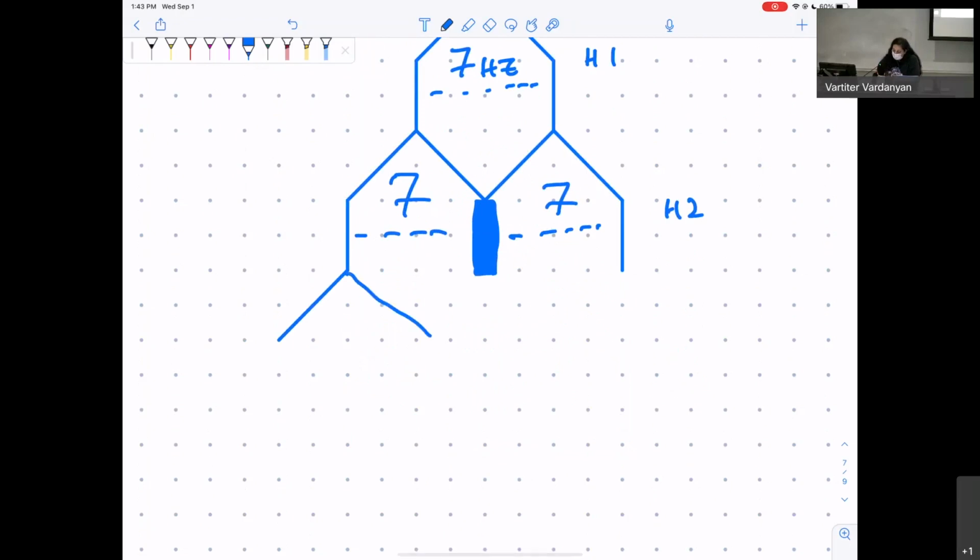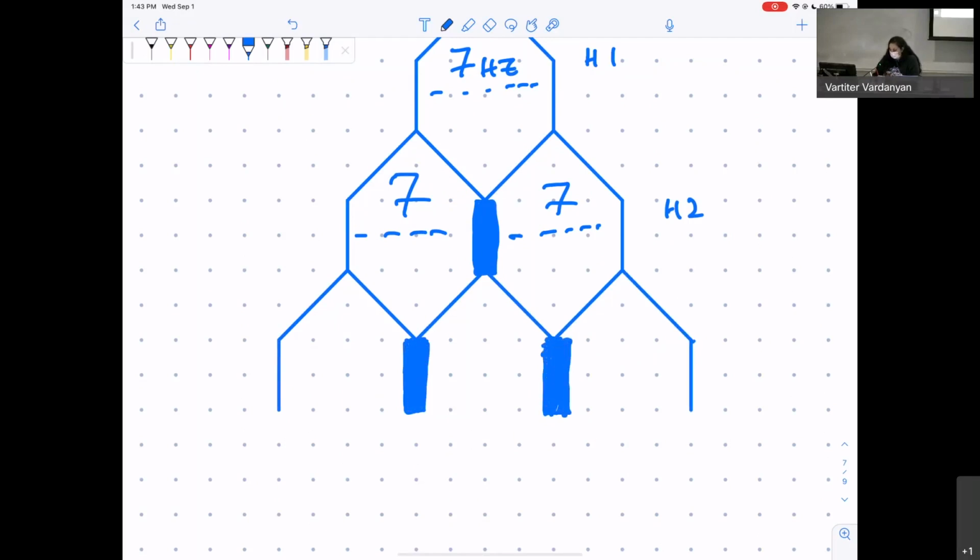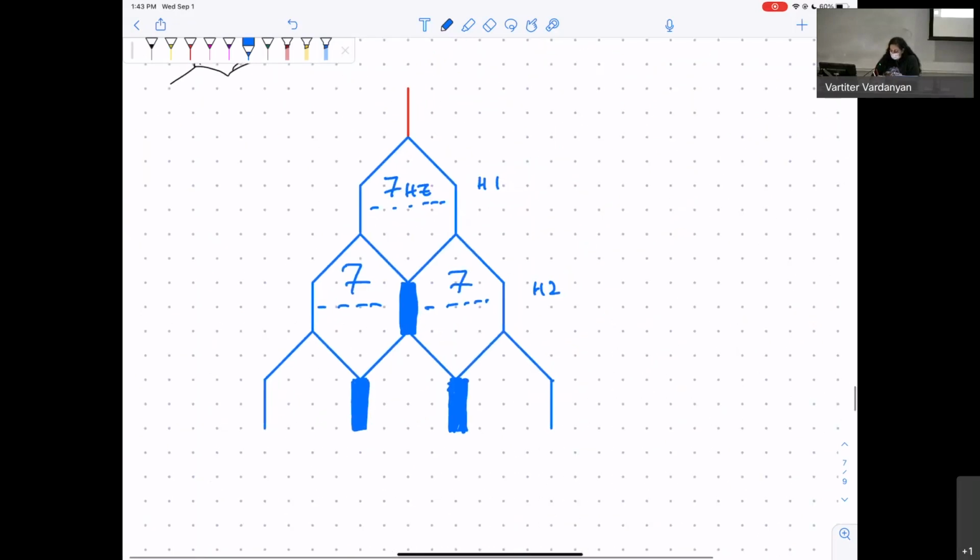I'll go back up so you can see the whole thing. Drawing is hard, you know? So this one is a regular thin line. This one has overlap, so I'm going to make it really thick. This one is also overlap, so it's thick. And then this one's normal. And this is H3.